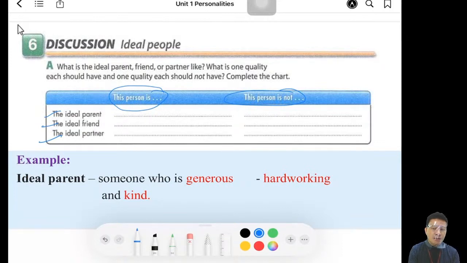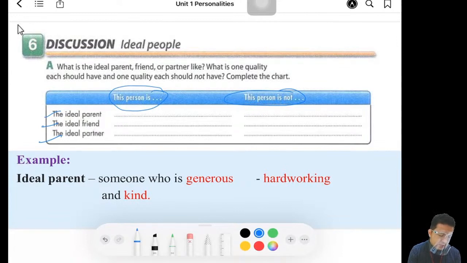Parent could be your mother, father, or your grandmother, grandfather, uncle, or your aunt if your mother or your father are not present or not at home. You can also treat your uncles, your aunt, your grandmother, your grandfather as your second parents, and your teachers also. And you also have here the ideal friend, your best friend, or your plain friend only.